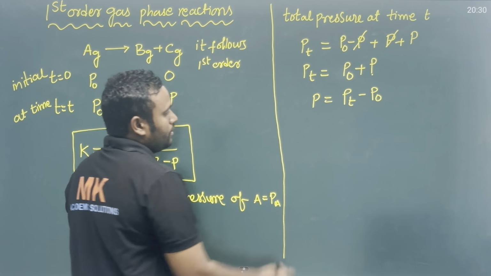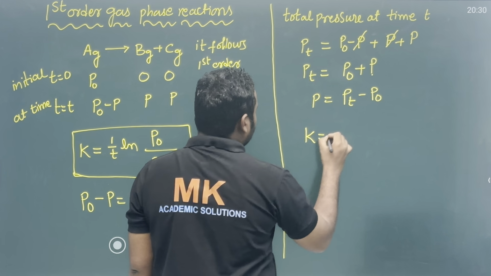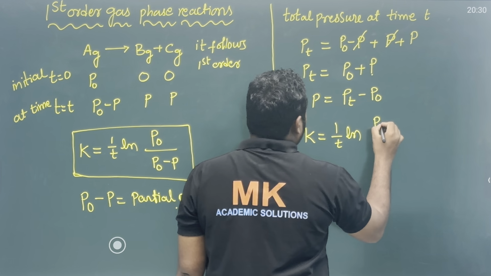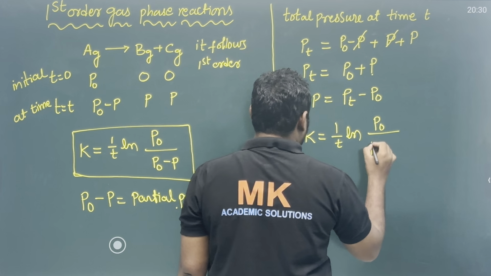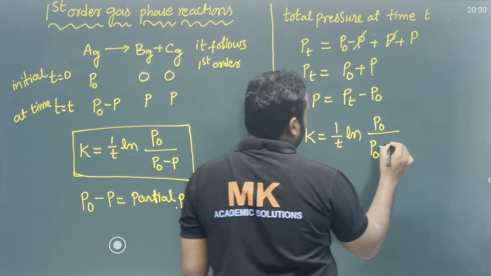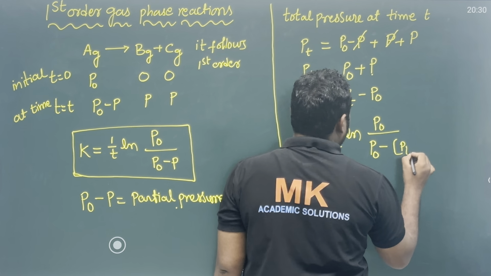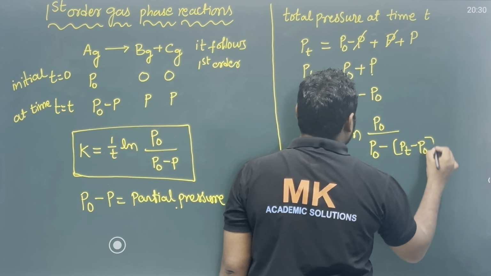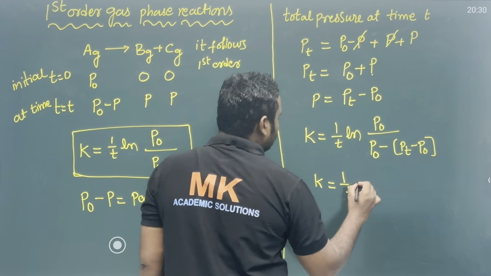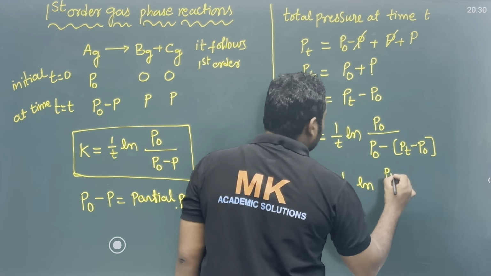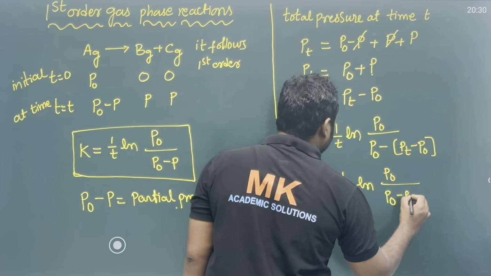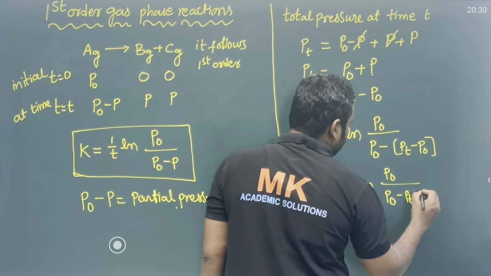Substituting that value, K is equal to 1 by t ln of P naught by P naught minus P, where the P value is Pt minus P naught. Therefore K is equal to 1 by t ln of P naught by P naught minus Pt plus P naught.